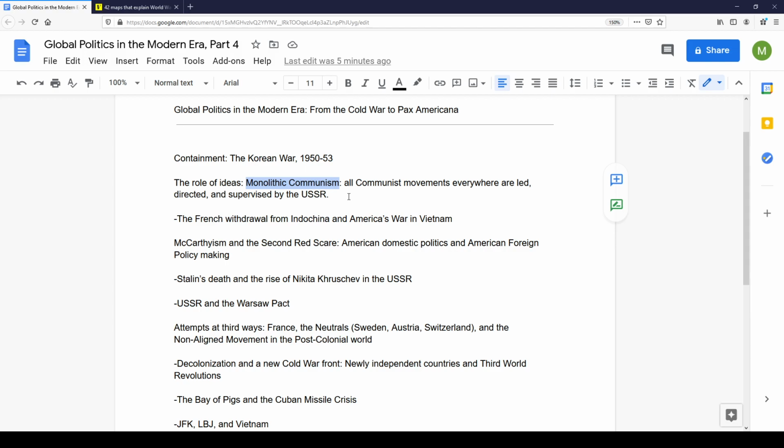So anyways, that's an idea. It matters because it animates American foreign policy, and we care about American foreign policy in a class on global politics because it's one of the two major superpowers, and we're largely studying in this course the role of great powers and other things, but a lot about the great powers.